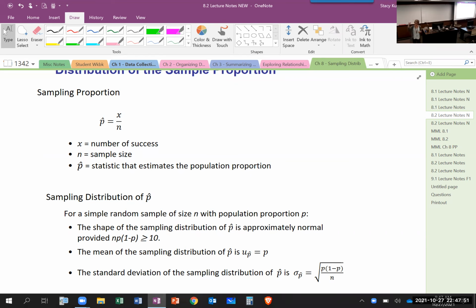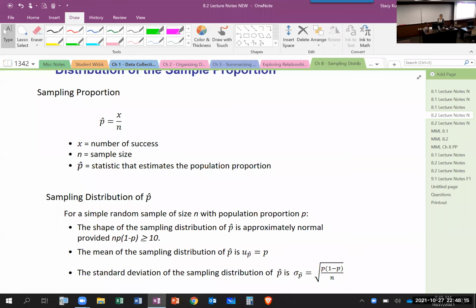And that proportion, that relative frequency, P hat would be a relative frequency basically. That would be the relative frequency of the number of people who had brown eyes in our classroom, right? P hat is the proportion, it's a statistic that describes our sample.